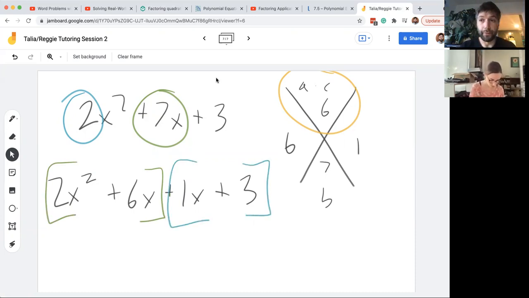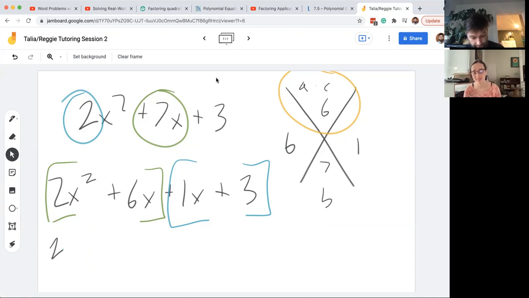And what I'm going to do is factor out a number in this first one. So what can I factor out of that? What's the greatest common factor here? 2 and x, because x is in both of them.